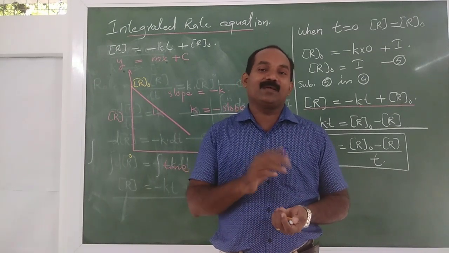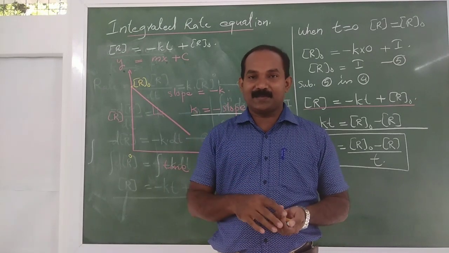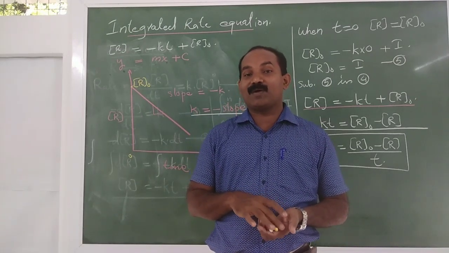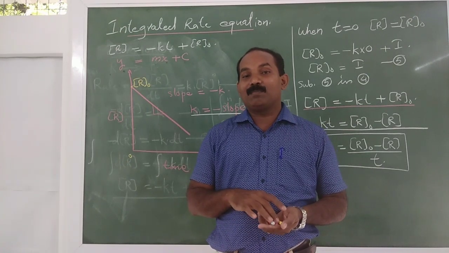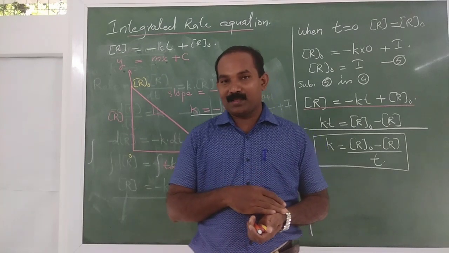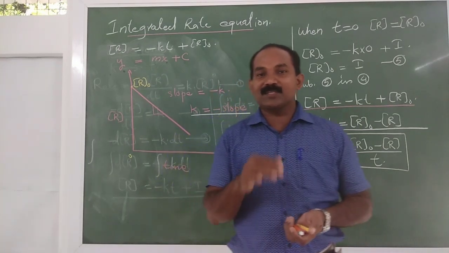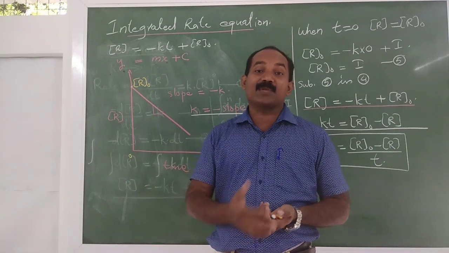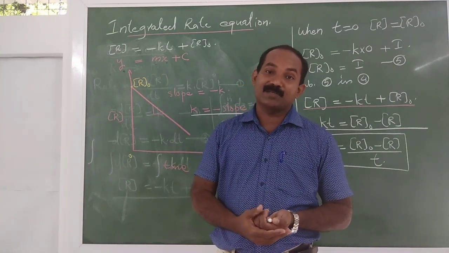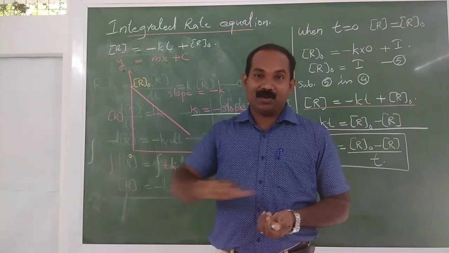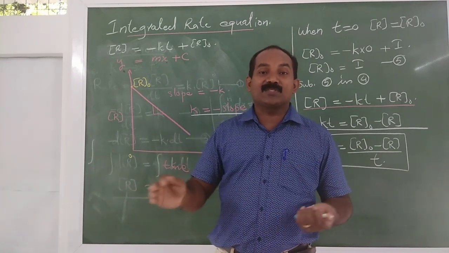One example I explained earlier in the case of zero order reaction: decomposition of ammonia on the surface of platinum or gold. At a high pressure and temperature, the ammonia gas is adsorbed on the surface of the platinum or gold.